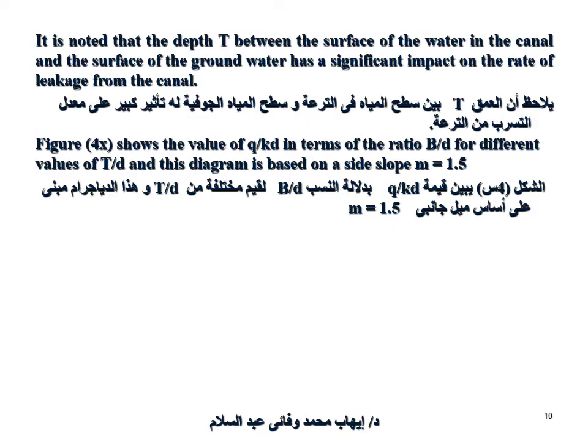It is noted that the depth between the surface of the water in the canal and the surface of the groundwater has a significant impact on the rate of leakage from the canal. Figure 4.6 shows the value of q over KD in terms of the ratio of B to D, for different values of T over D, and this diagram is based on side slope m equals 1.5.